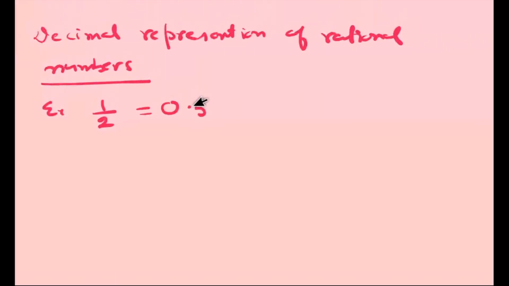That is the decimal representation of a rational number. Another example: 1 by 3, if you divide it, you get 0.3333 and so on.